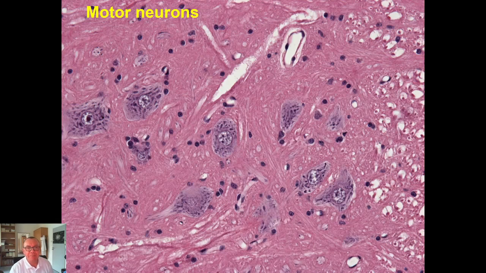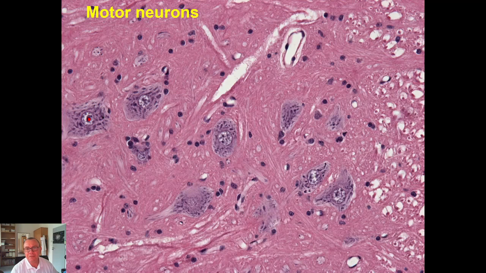The biggest and most typical neurons for the spinal cord are motor neurons. They are situated really only in the ventral horns, and you recognize them according to high accumulation of Nissl bodies and a large spherical nucleus. When the section goes through the center, there is also a nucleolus.